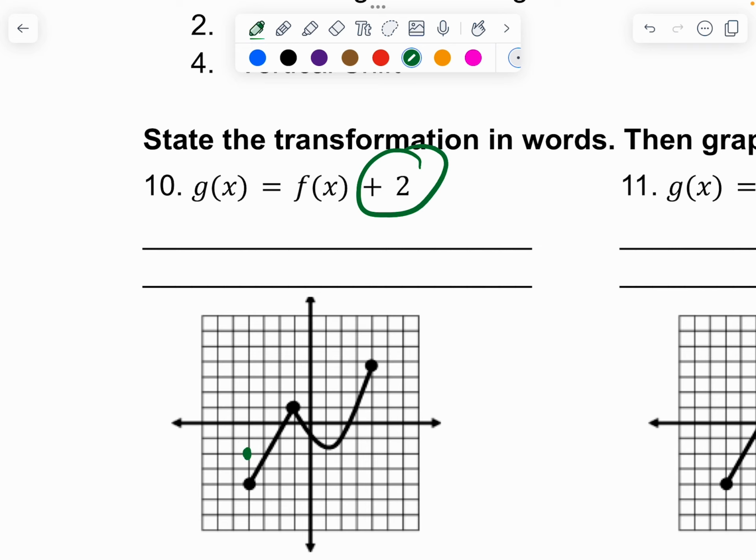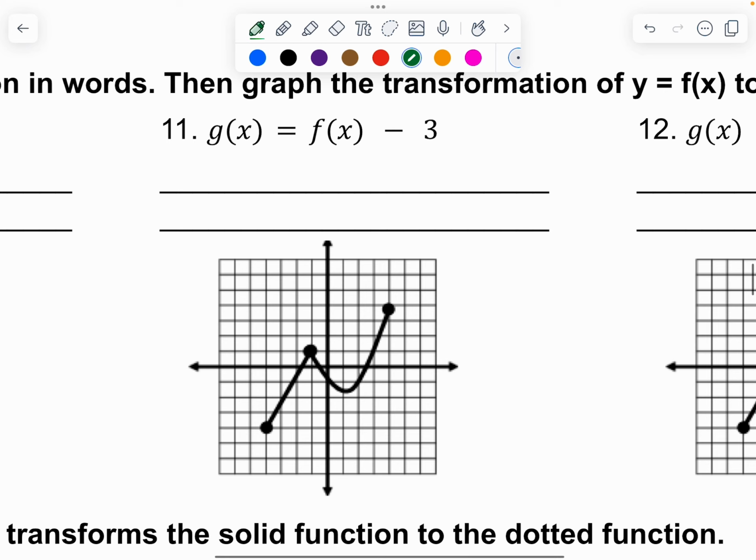I need to go back to bed. Let's see, 1, 2, 1, 2. There we go. This one is down 3. So I go down 3. 1, 2, 3. 1, 2, 3.